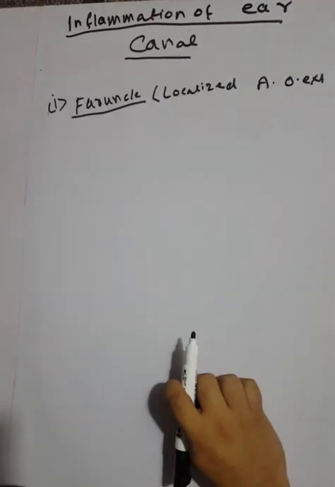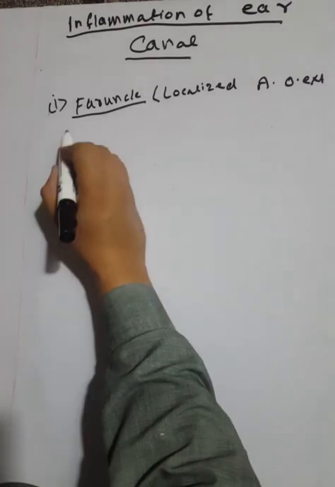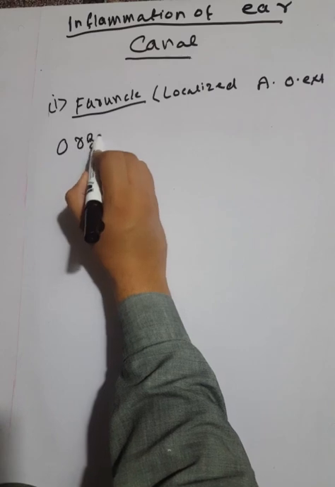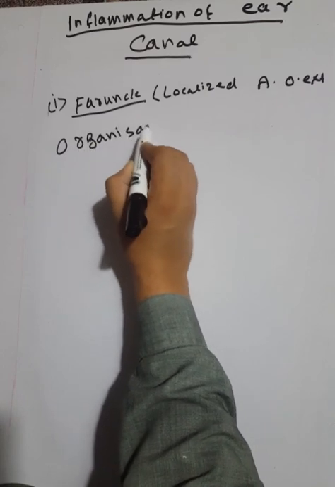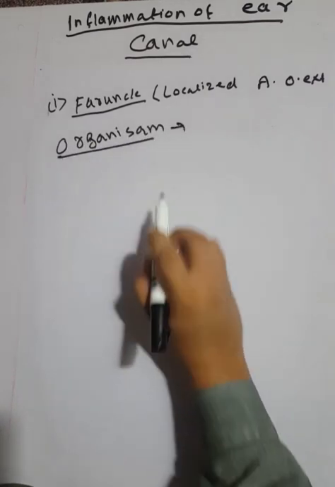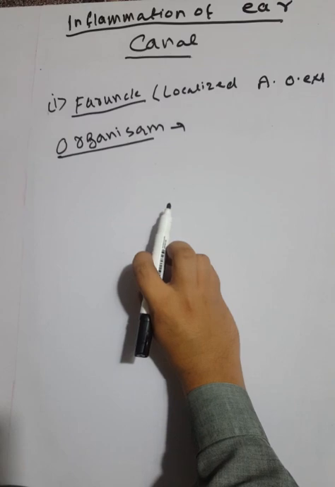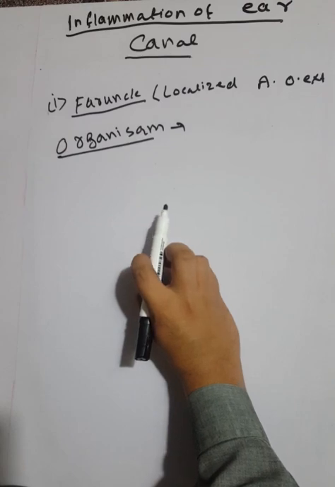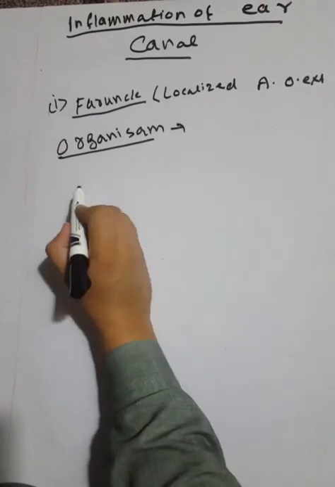The furuncle, also called localized acute otitis externa. The organism for furuncle: the most common organism that causes the furuncle is staphylococcal infection of the hair follicle.